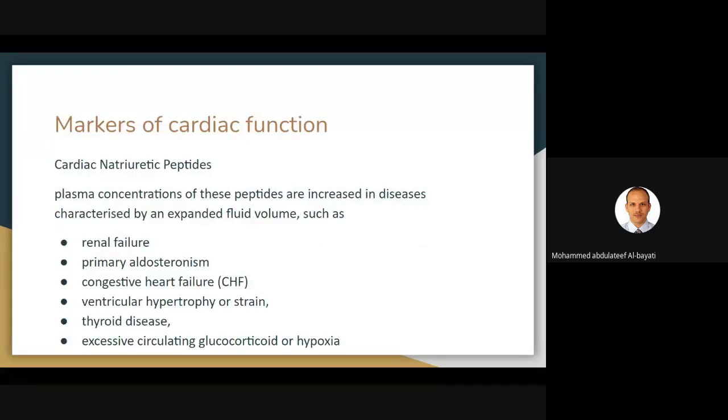We come now to the markers of congestive heart failure or myocardial function. We use cardiac natriuretic peptides. Cardiac natriuretic peptides are peptides released by the ventricles in response to distension or fluid overload, and seen in many conditions like congestive heart failure and others.